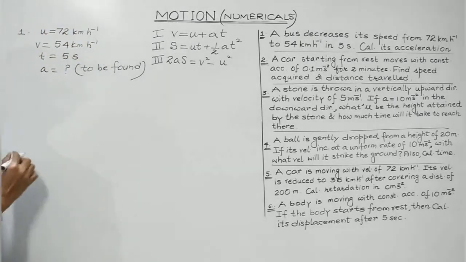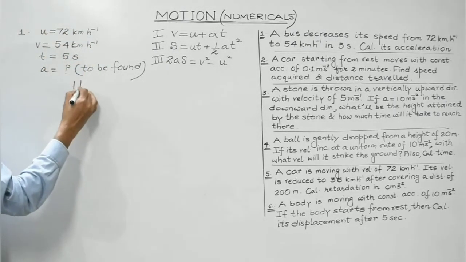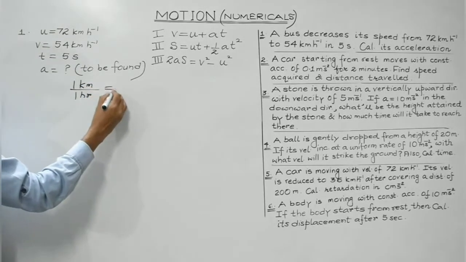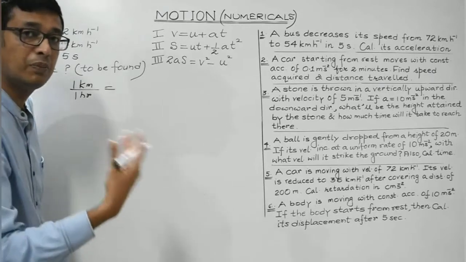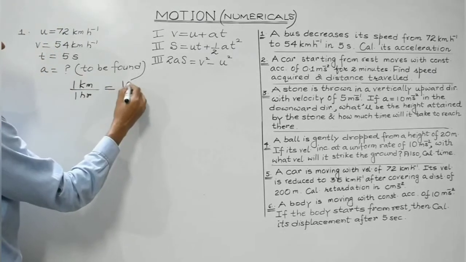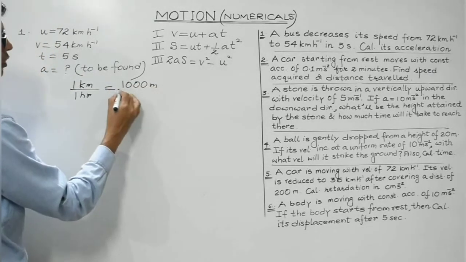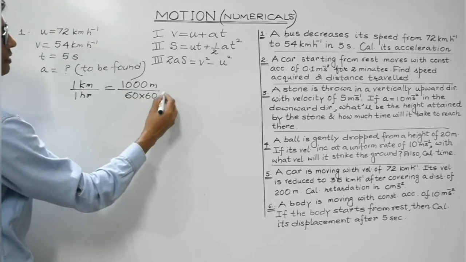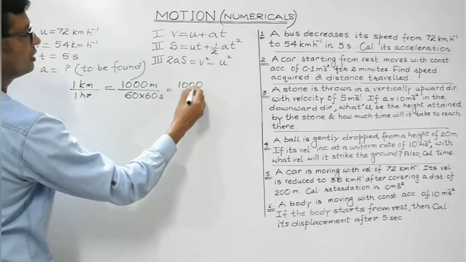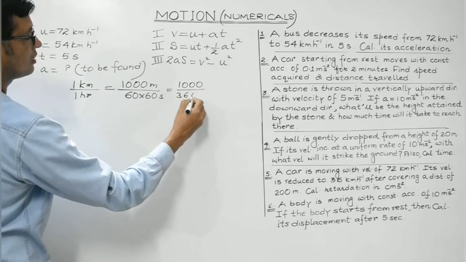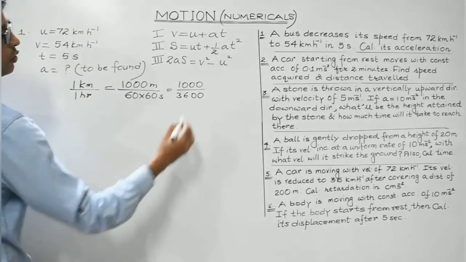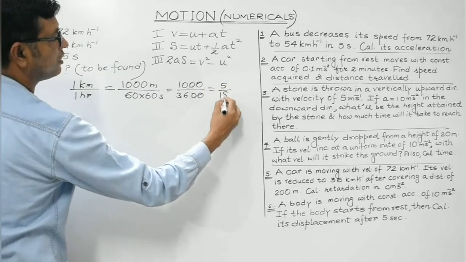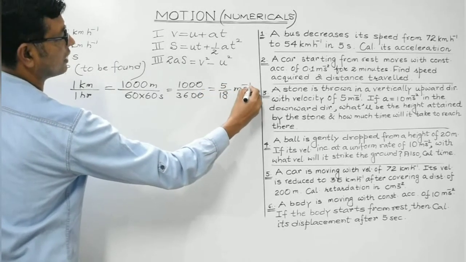Before solving, you need to know the conversion. 1 km per hour: 1 km is 1000 meters, 1 hour is 60 minutes and 1 minute is 60 seconds. So it is 1000 divided by 3600, which will be equal to 5 by 18 meter per second.